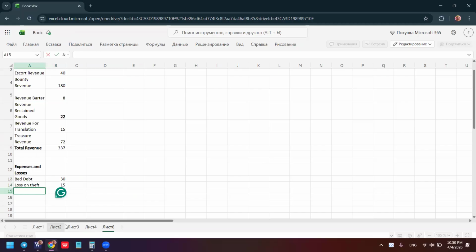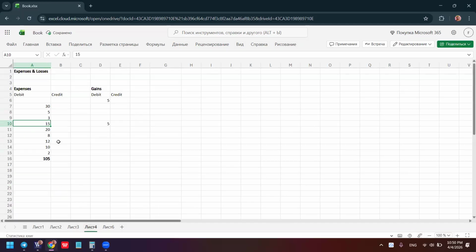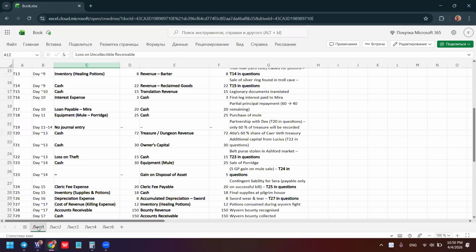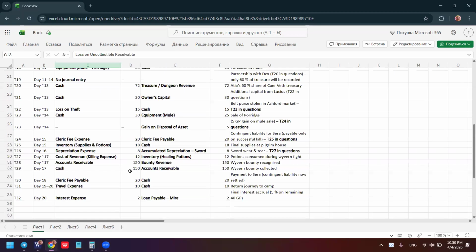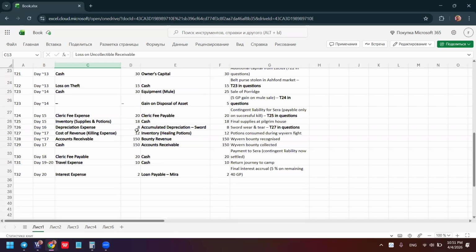And then we go to this one, and what we need next is this one. It's depreciation. So yeah, here, depreciation of the sword.